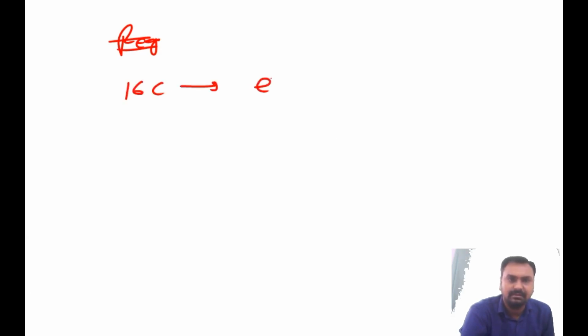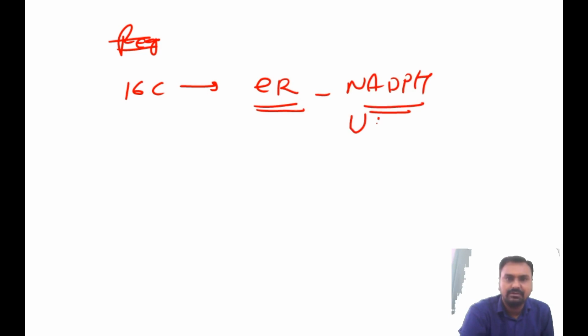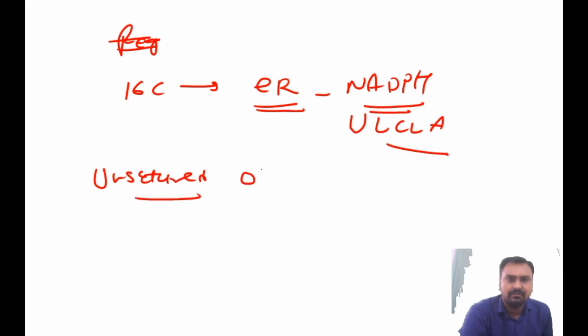Further elongation takes place in the endoplasmic reticulum, and with the help of NADPH, very long chain fatty acids are synthesized. Coming to the unsaturated fatty acid, oleic acid can be synthesized by the desaturase enzyme.